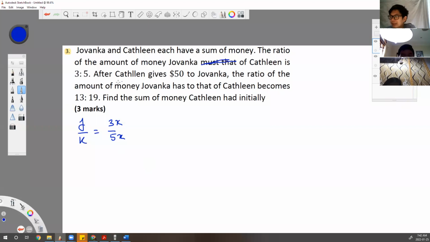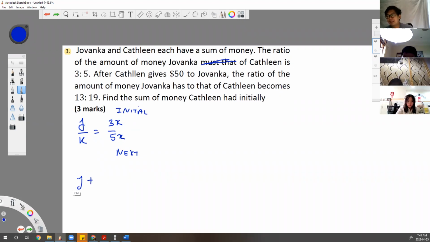Now, after Kathleen gives $50 to Jovanka, so this is the initial amount, and then next, after Jovanka gets 50 from Kathleen, Jovanka is 3x plus 50 over 5x subtract 50, right?